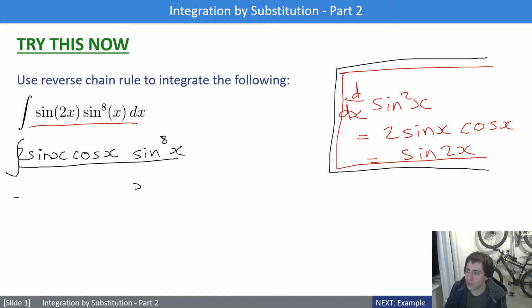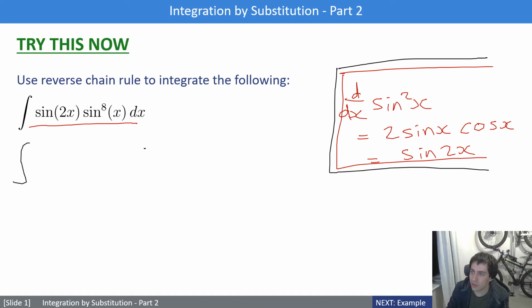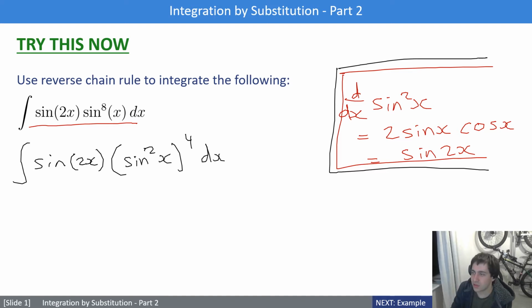So the way we're going to do it then is to try our initial guess, but to first rewrite this so that we've got a function to a power multiplied by its derivative. So I'm going to change this to sine squared to the 4. Right, so that's the same as sine to the 8.